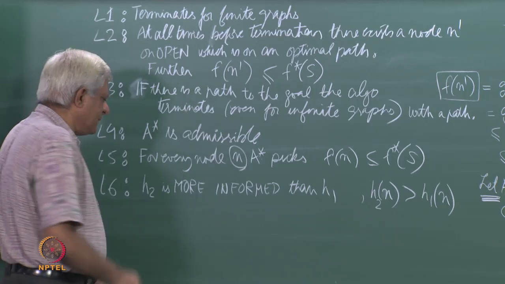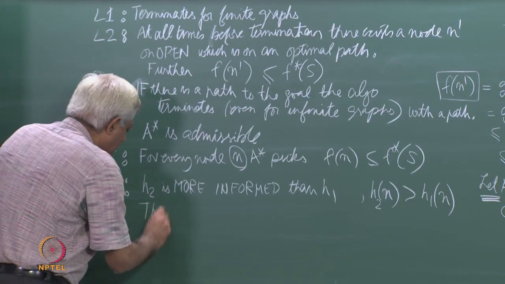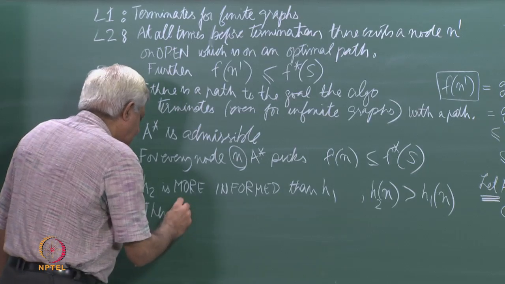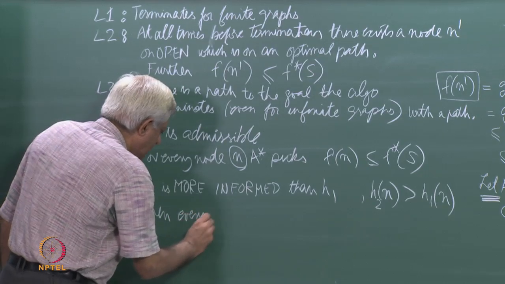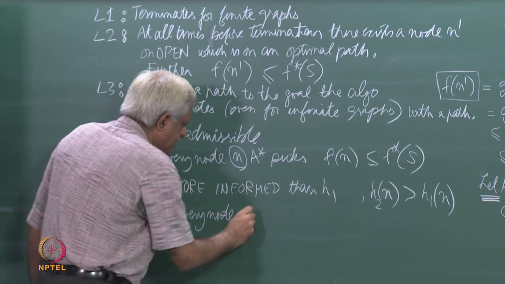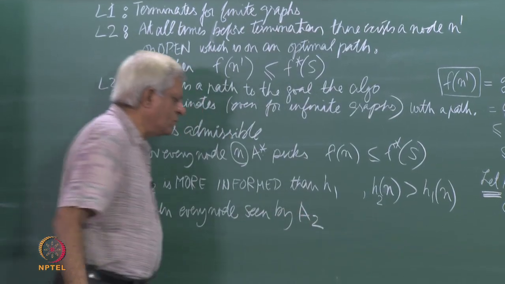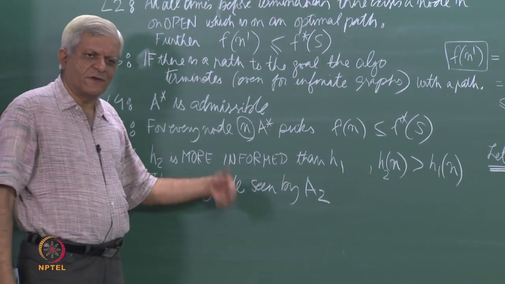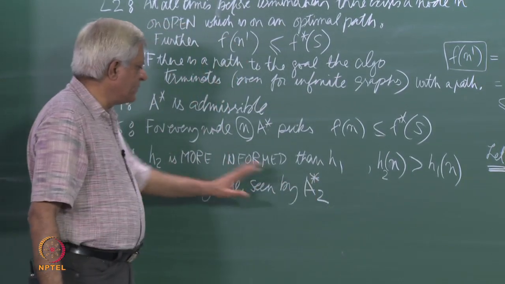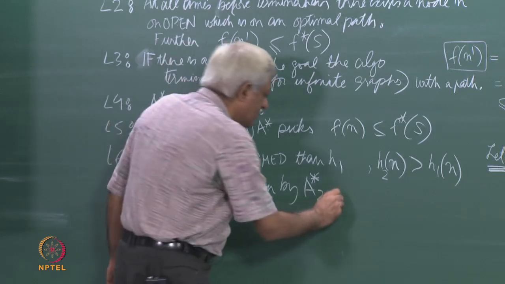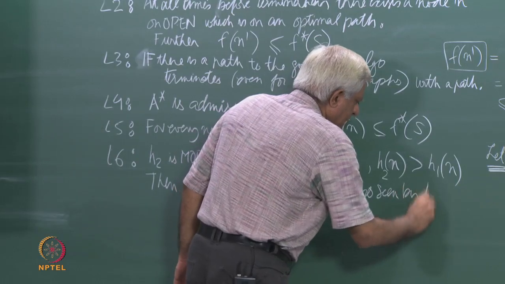We say then if this is the case, then every node seen by A2, where A2 is one version of A star which is using this H2 function, is also seen by A1 star.